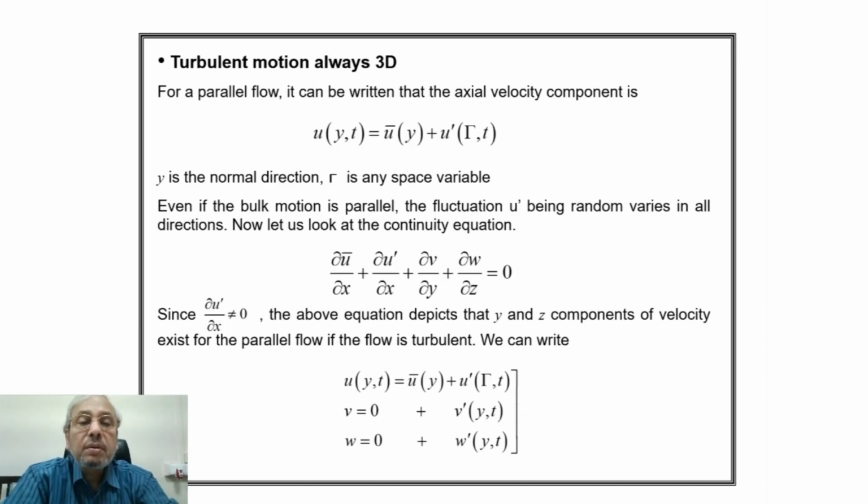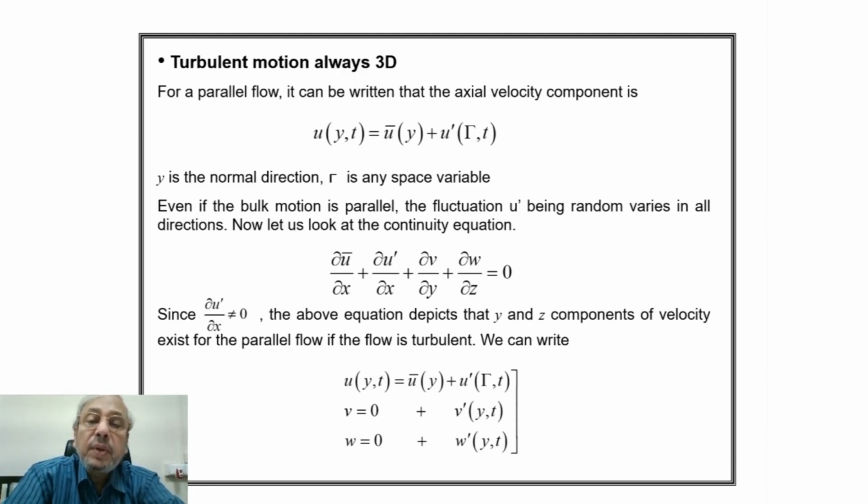Even for parallel flow, we have read parallel flows, like plane Poiseuille flow, Hagen-Poiseuille flow, some such flow where u, the flow direction velocity, is a function of only cross normal direction and time.